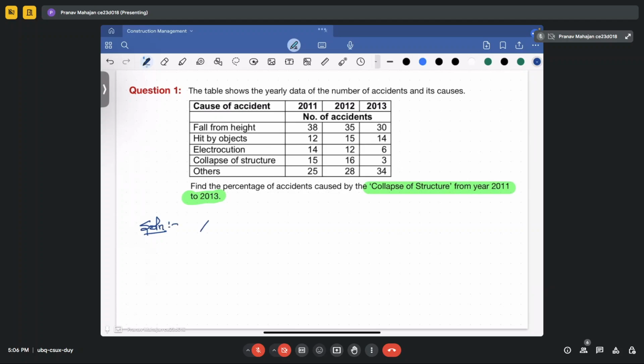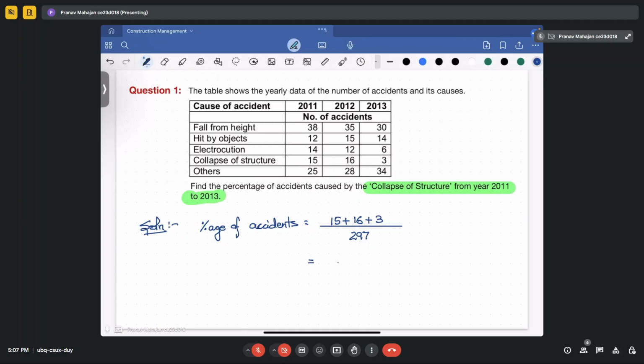So how can the percentage of accidents be calculated? For collapse of structure, it is 15 plus 16 plus 3, divided by the sum of all three years' totals, which comes out as 297.